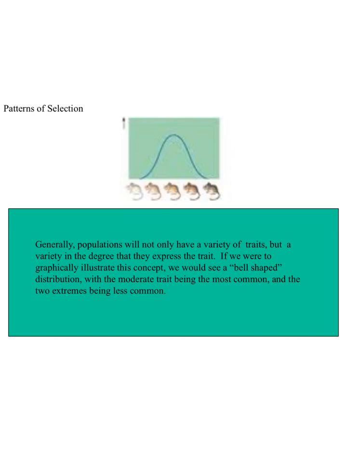Generally speaking, if we're looking at populations, most of them not only have a variety of traits, but also a variety in the degree that they'll express that trait. Here we've got mice that range from light fur all the way up to dark fur, right? And everything in between.